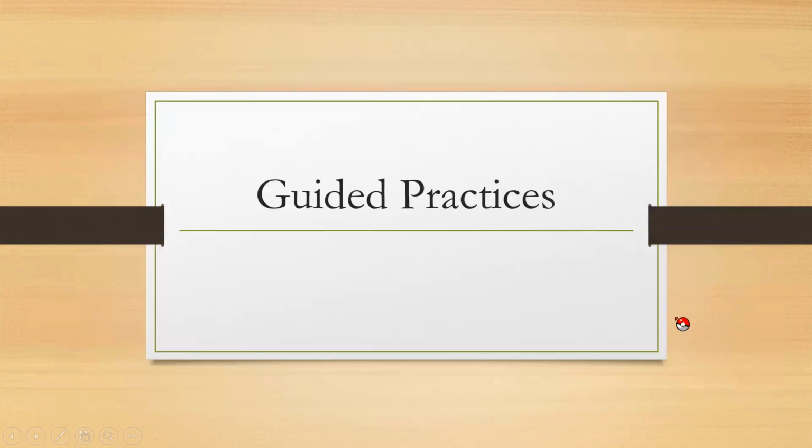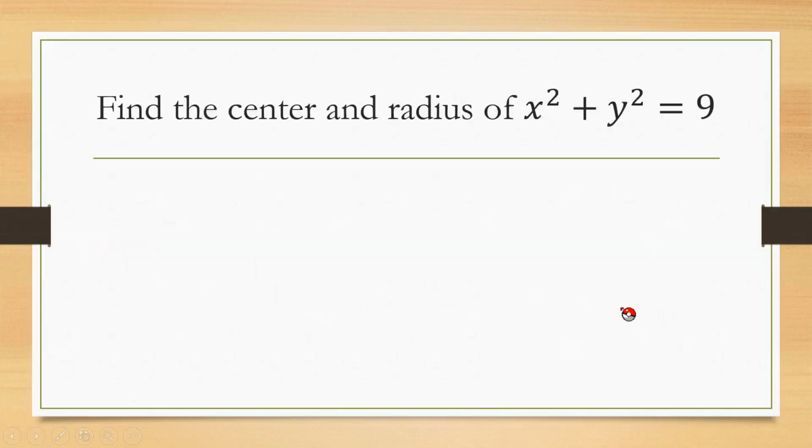So let's begin with our guided practices. Find the center and radius of x squared plus y squared equals 9. From there, we could already determine our answers because the equation is pretty basic. First, we have to transform 9 into its squared form, which is 3 squared, because 3 squared is equal to 9.